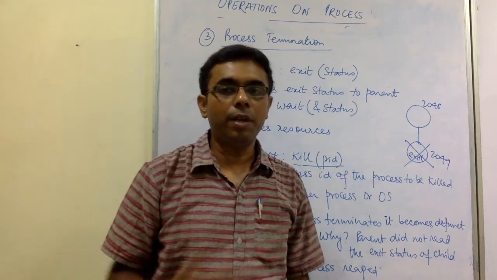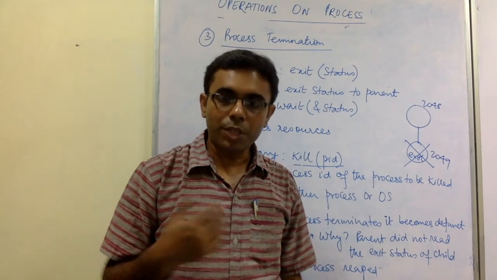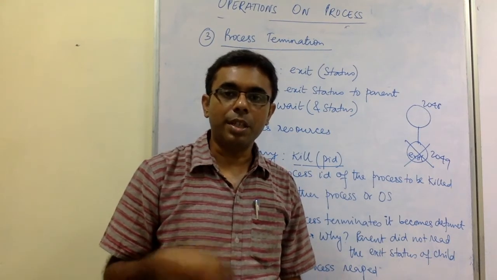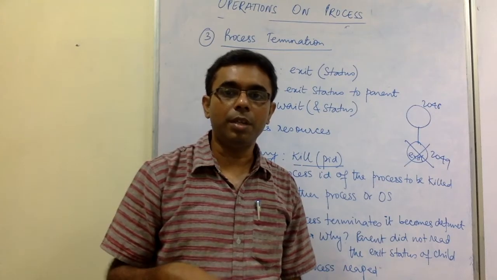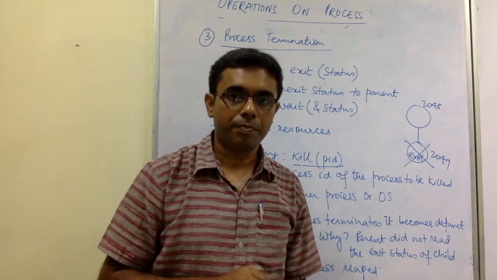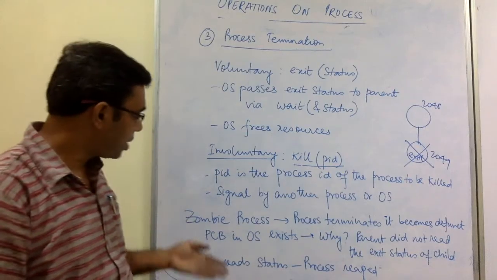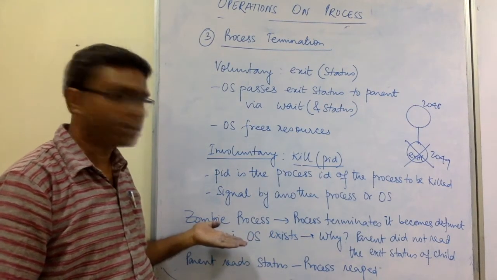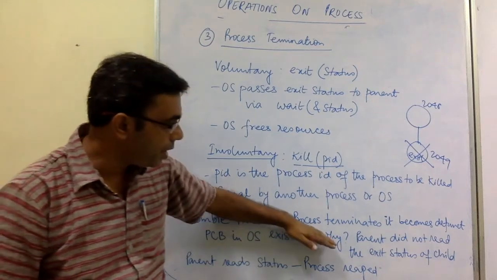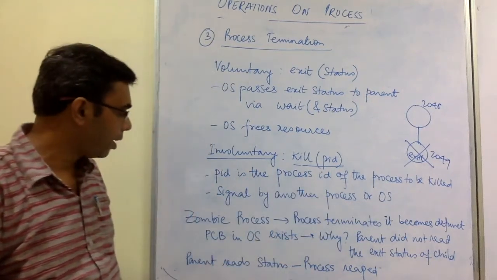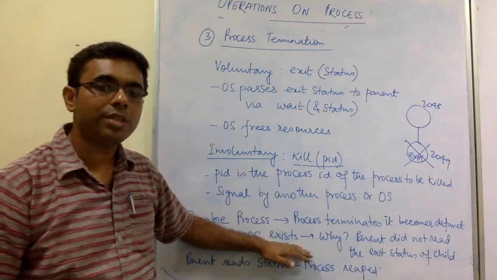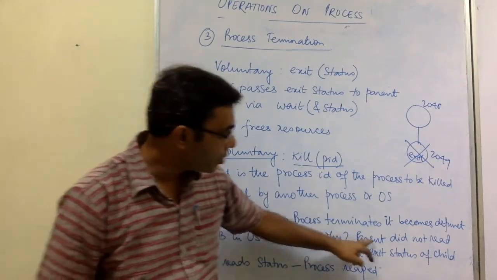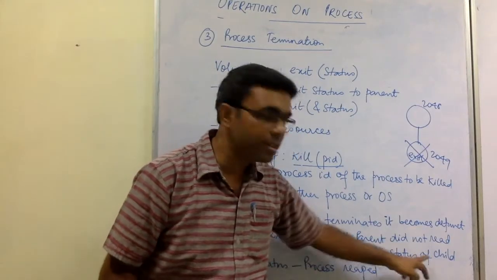That means it's a defunct process which has terminated, but its information, its PCB, is still remaining in the system. We call that process a zombie process. The process terminates and becomes defunct, but the PCB in the OS still exists. Why did it happen? Because the parent did not read the exit status of the child.